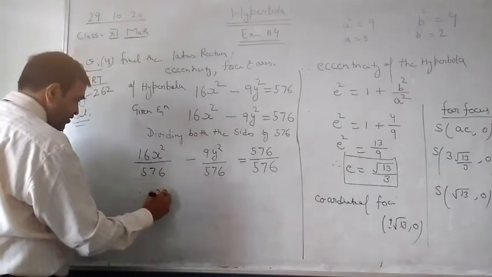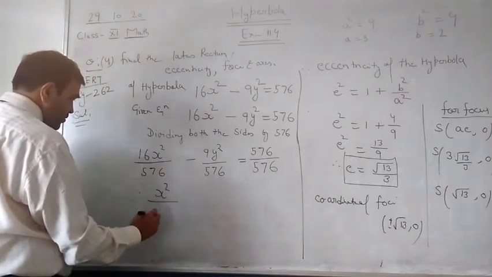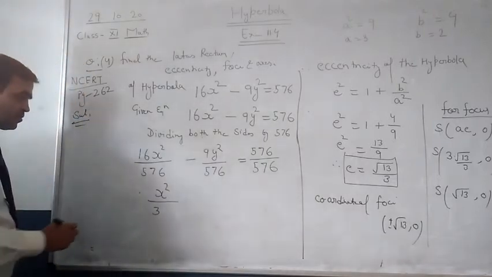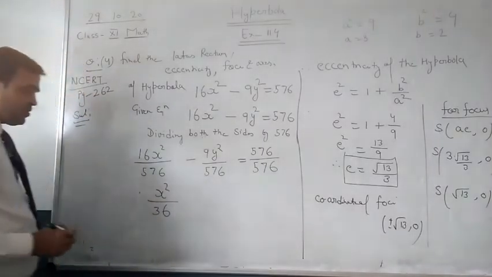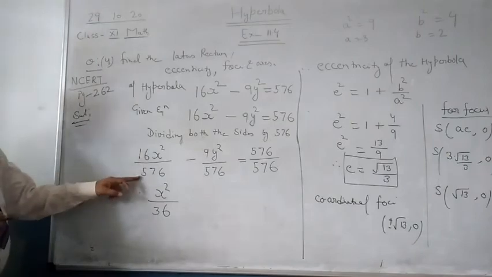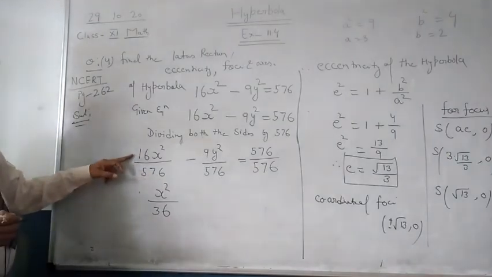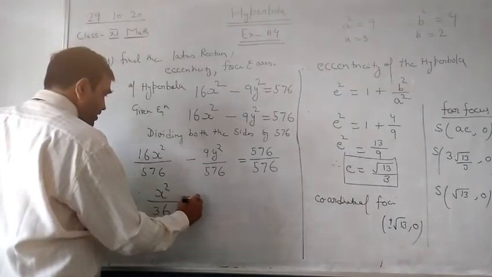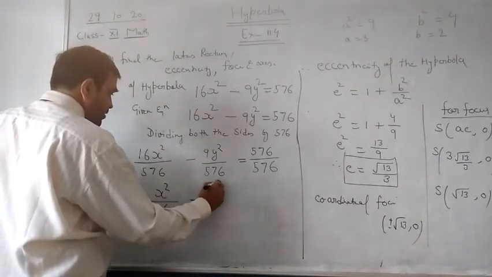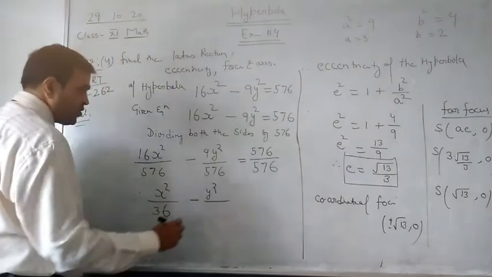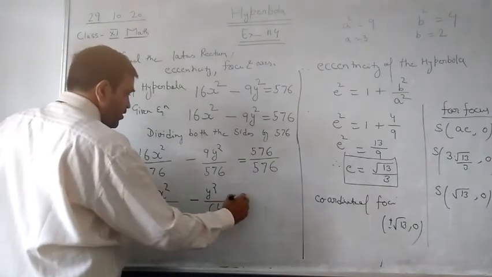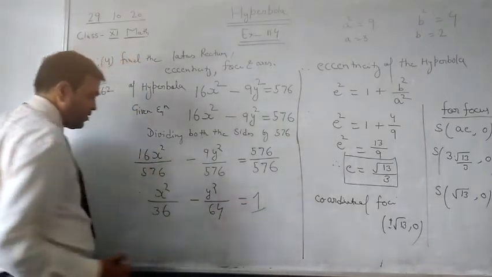So x square upon 576 divided by 16, it becomes 36, minus y square upon 64 is equal to 1.